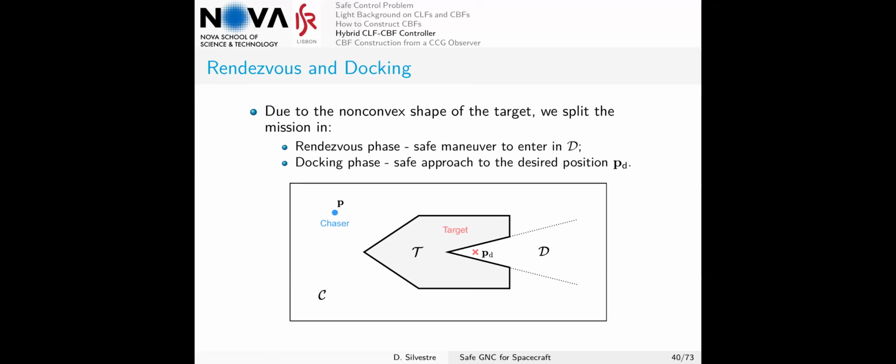We are still going to split this mission into two stages: first the rendezvous phase and then the docking phase, which I hope is enticing to the community because we are keeping the same nomenclature and phases. But now this is a single hybrid controller that we use throughout, and the CBFs and the CLFs are going to be changed. You'll see that we still use the same type of nominal controller for the upper level.